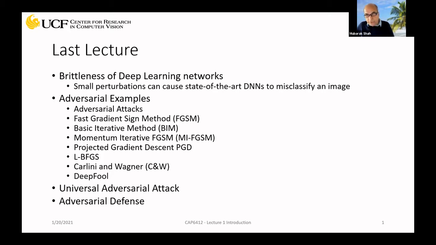And then we also talked about one defense method, where you make a network which will detect this attack and rectify it, and then you will defend against that attack.